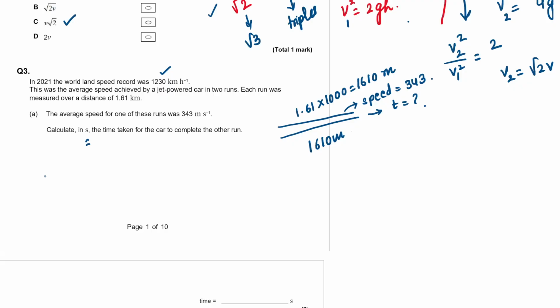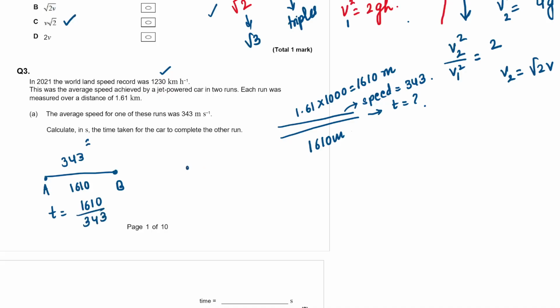So for the first journey, A to B, we have speed as 343, we have distance 1610, so we can calculate the time as 1610 divided by 343.